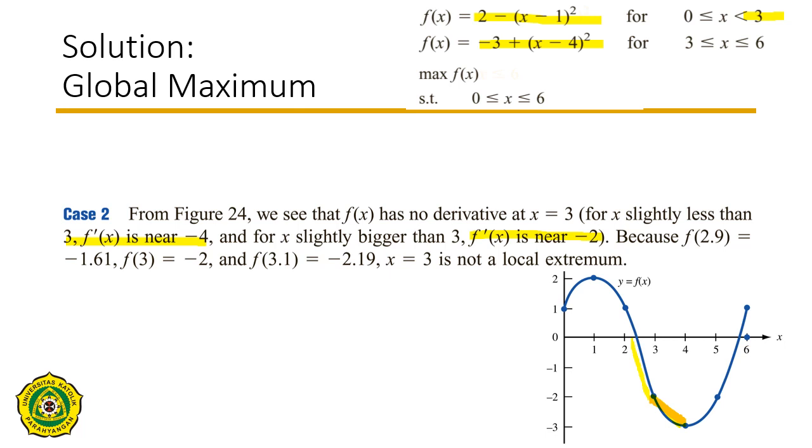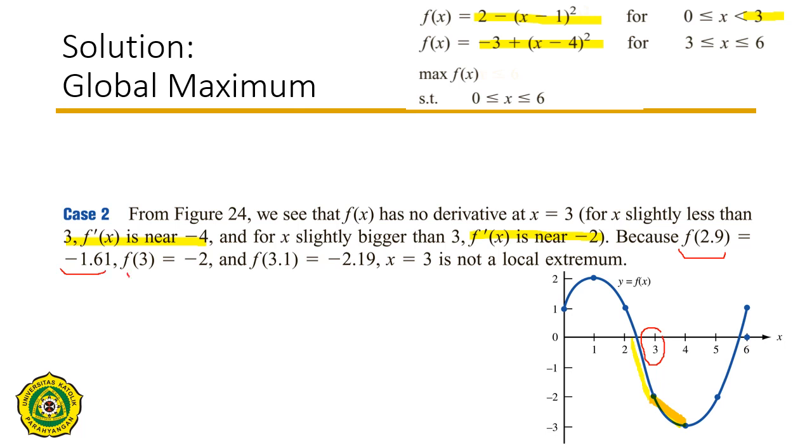So we know that this function is discontinuous at x equals 3. Then we need to check whether it is a local extremum or not. We can see from the figure that it is not a local maximum, and it is not a local minimum either. You can also check, for example, points pretty close to 3. At 2.9, the function value is -161.